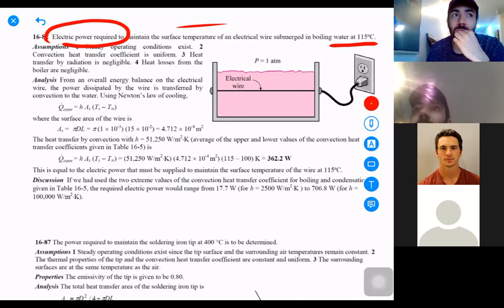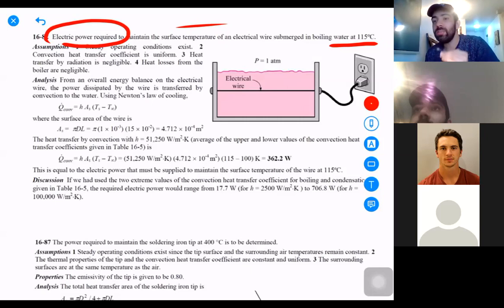If there was no heat loss, then why would I need to give the energy or the voltage to this wire for keeping its surface temperature?